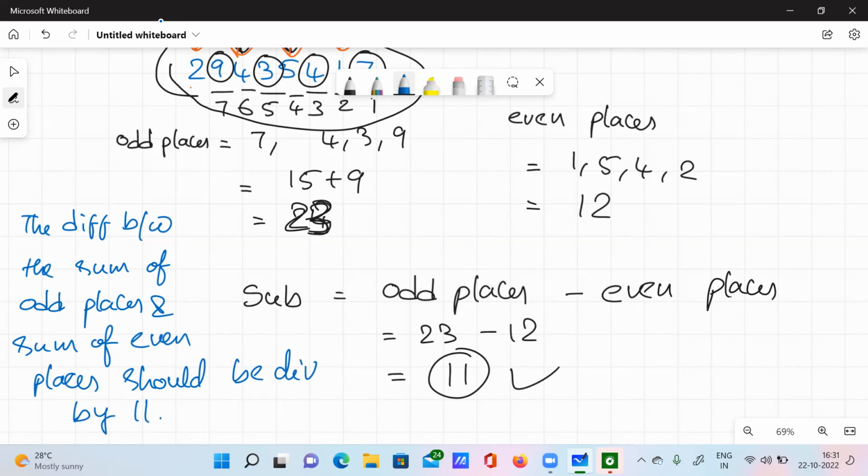Then only you can say that the entire number is actually divisible by 11.